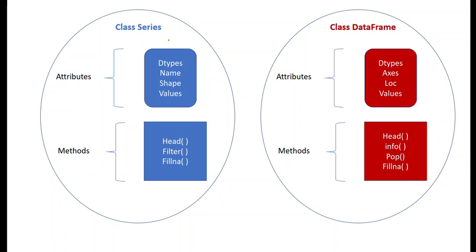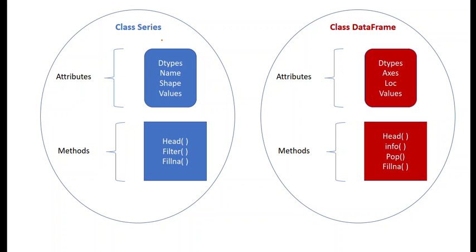Now, what are the main components of any class? As we said before in the last tutorial, it consists of attributes and methods. Attributes and methods. And since Series and DataFrames are classes, each one of them contains attributes and methods that we can use on the objects that we create from these classes.